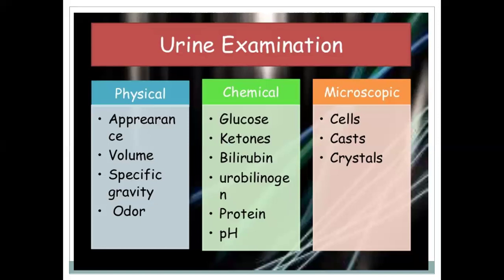Orange color of the urine is seen in fever or urticarias or vitamin A. Green color in the urine is seen due to Pseudomonas infection.